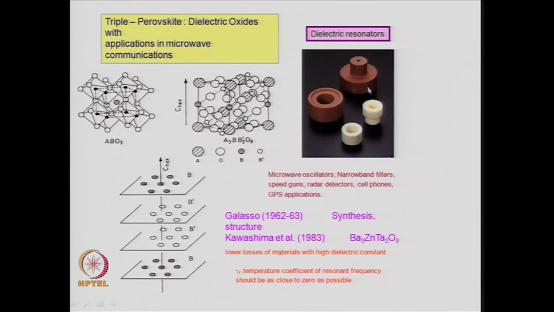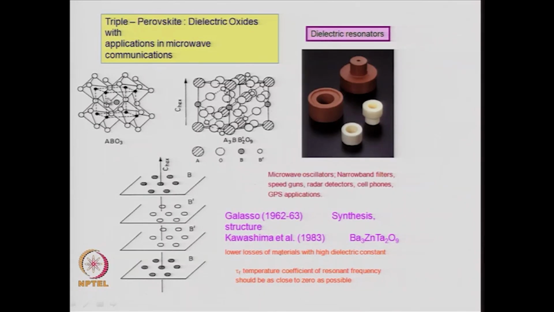Using these materials, some of the best dielectric resonators have been made, and these dielectric resonators are used as oscillators, narrowband filters, speed guns, radar detectors, GPS applications, etc. So, you need dielectric resonators which work in the microwave region, and that is provided by this type of oxide, and there are many new oxides based on this structure, which is called the triple perovskite structure.